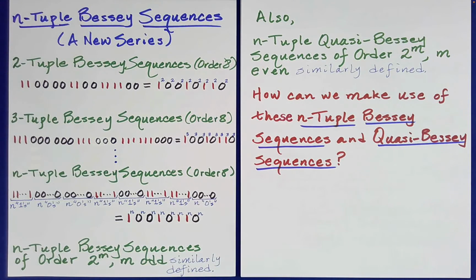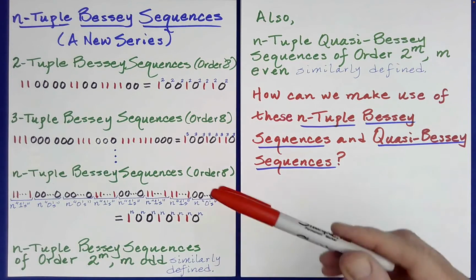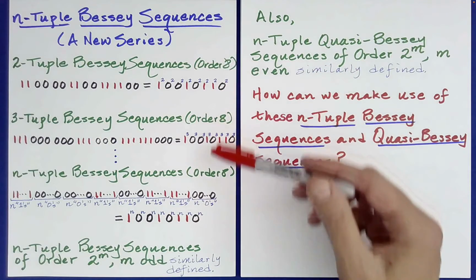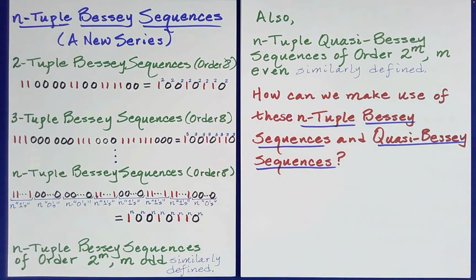Well, in this video here, the primary goal is just to point out this kind of structure to the viewer, and then from there I think you'll be able to come up with many applications of this idea.